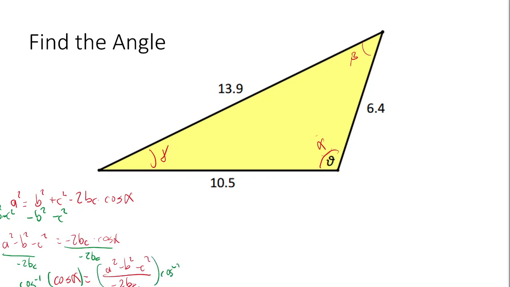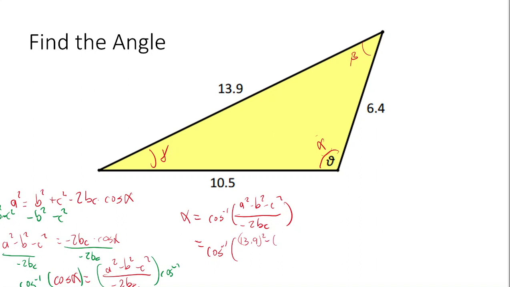So the equation that we're going to plug our numbers into is this. Alpha is equal to the inverse cosine, or the arc cosine, of a squared minus b squared minus c squared all over negative 2bc. Alright, so let's plug this into a calculator. Actually the values first. So a squared was 13.9 squared.